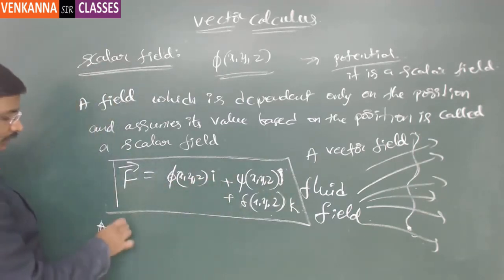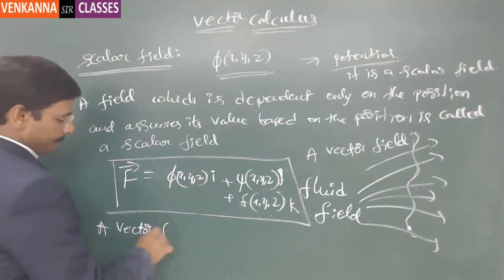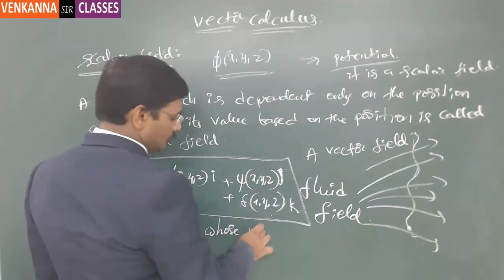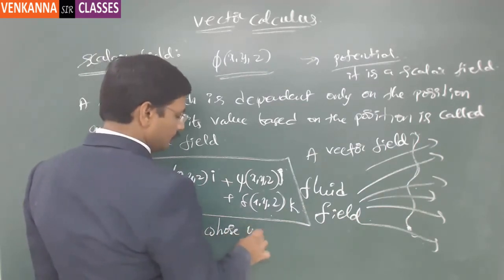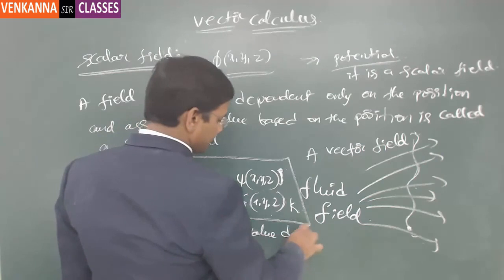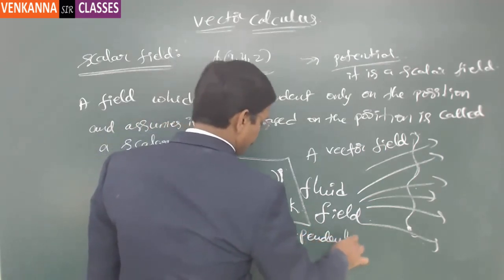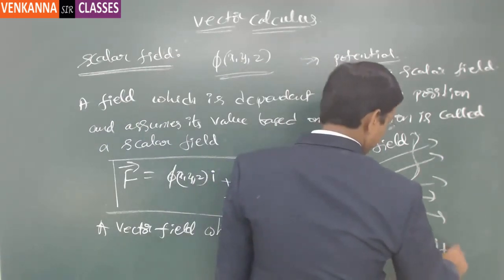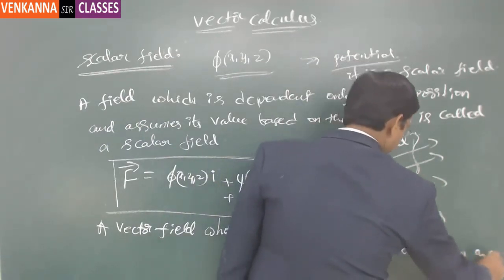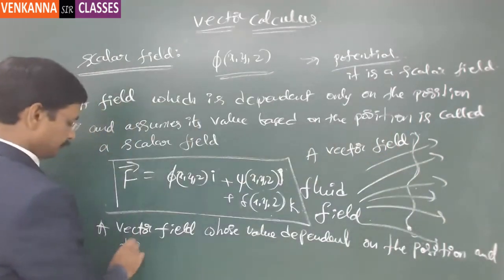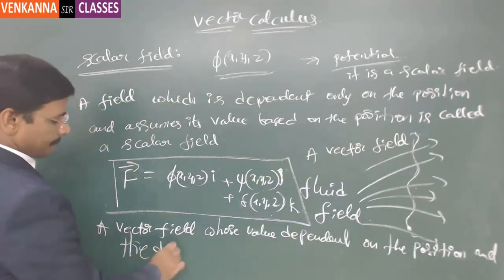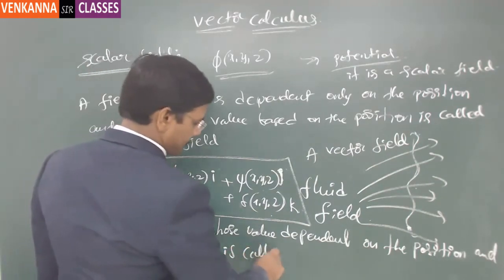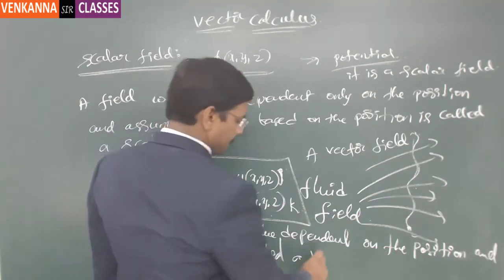So a vector field, whose magnitude, whose value is dependent on the position and the direction, is called a vector field.